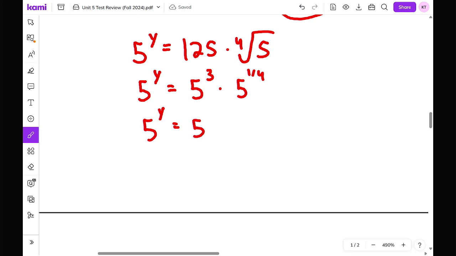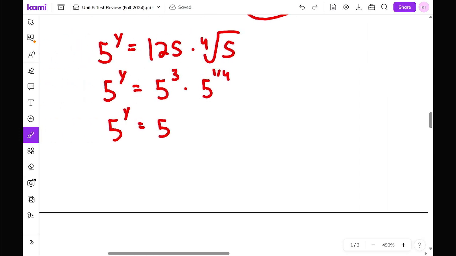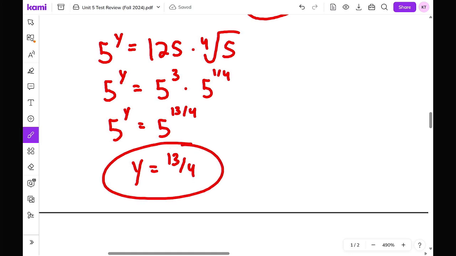So that's the same thing as 5 to the power of 3 and a fourth, or in other words, 13 over 4. And in the end, I'll get y is equal to 13 over 4 because my bases are the same. I set my exponents equal to each other.